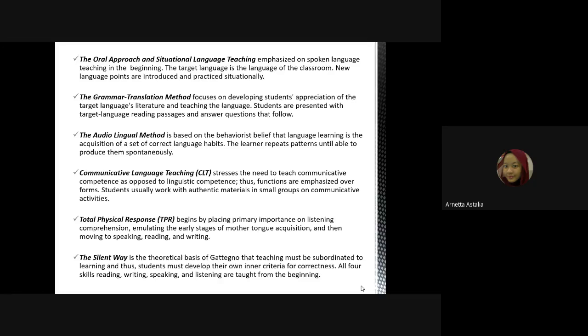It is the theoretical basis of Gattegno that teaching must be subordinate to learning and thus students must develop their own inner criteria for correctness. All four skills, reading, writing, speaking, and listening, are taught from the beginning.